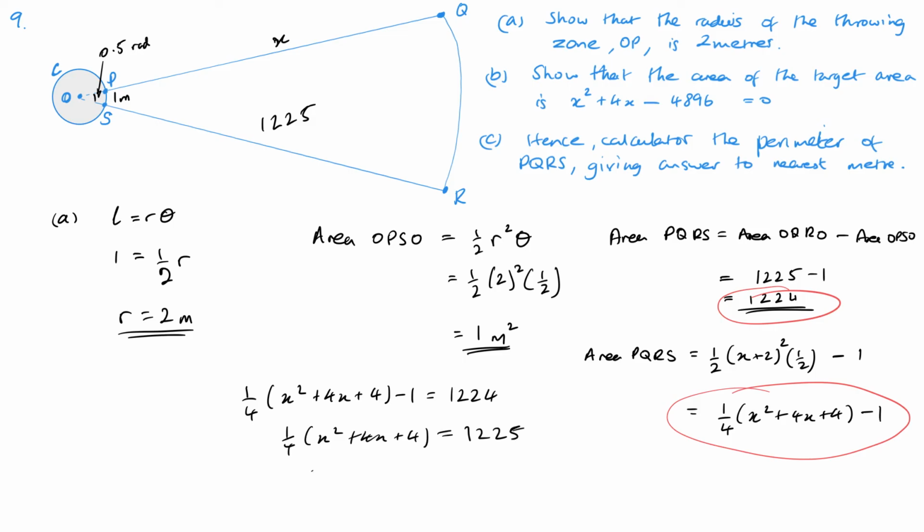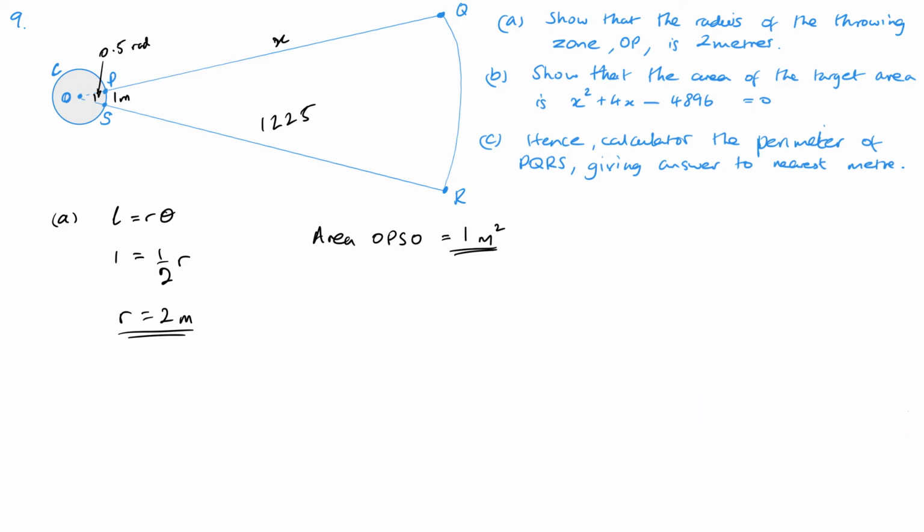Times by 4, so we get x squared plus 4x plus 4 equals 4,900. And then taking away 4, we get x squared plus 4x minus 4896. And that is what we needed to find. Okay, so that is for my area of the target area.